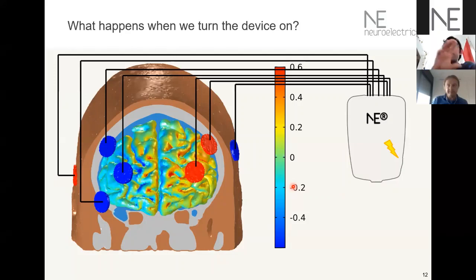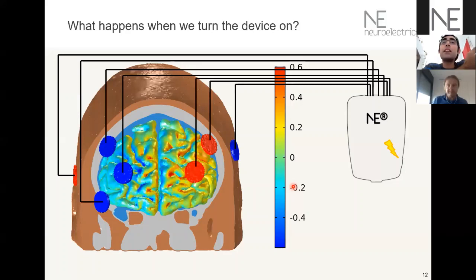Now, if you have a bunch of charges and you have them in a region where an electric field exists, those charges will move, thus establishing a current. So currents and electric fields are similar concepts in conductive media, such as the brain.